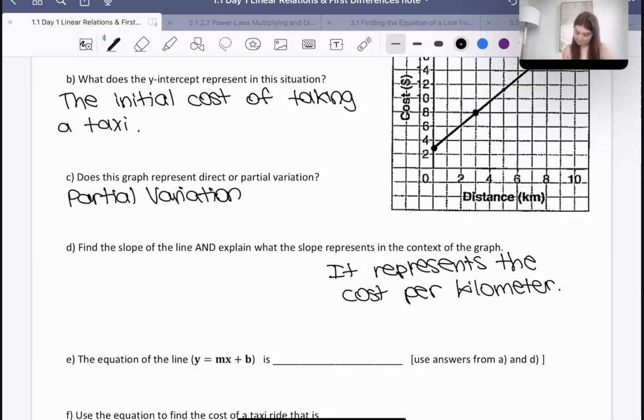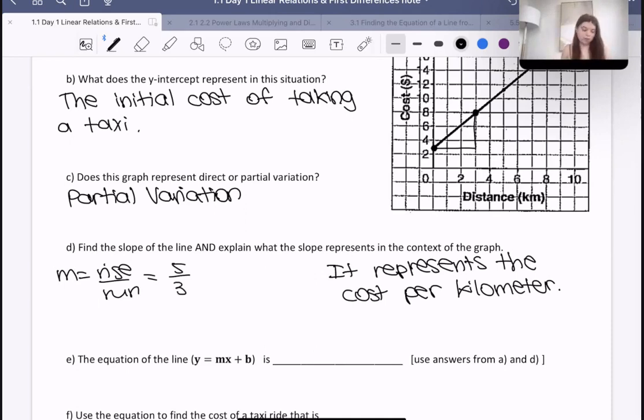Okay. So what is the slope? Well, let's see. The slope is rise over run, right? So what's the rise? The rise is, looks like $1, $2, $3, $4, $5 over run, which is 3.